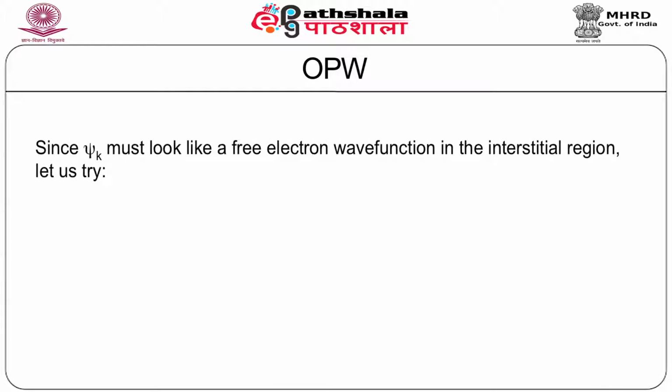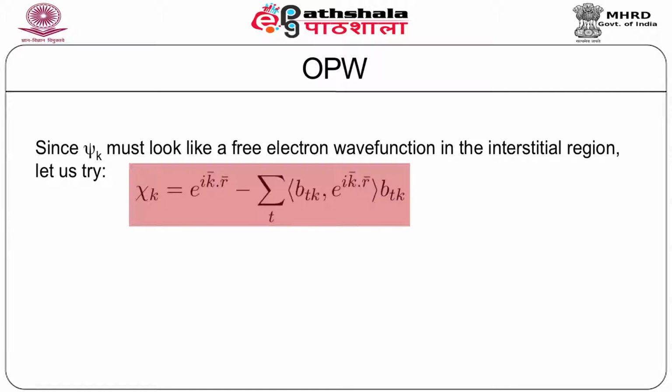Since psi k must look like a free electron wave function in the interstitial region, let us try the following function chi k, which is equal to e to the power ik dot r minus a summation over t with a coefficient beta t times b_tk. This coefficient beta t must be of this form given here, so as to satisfy the orthogonality condition just mentioned.